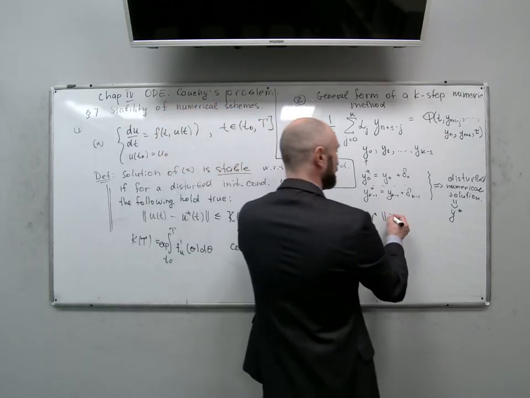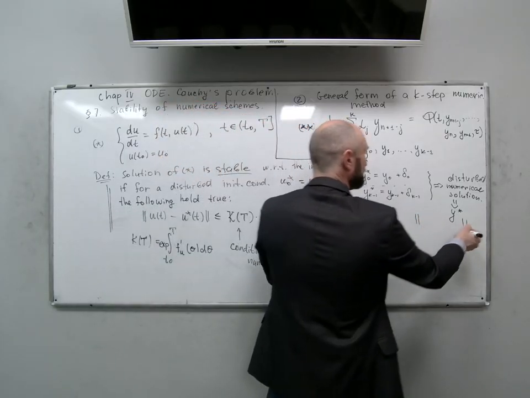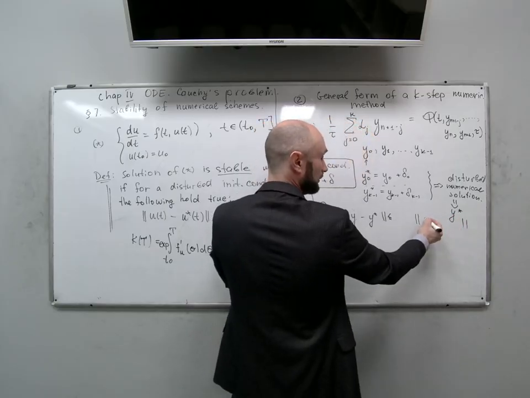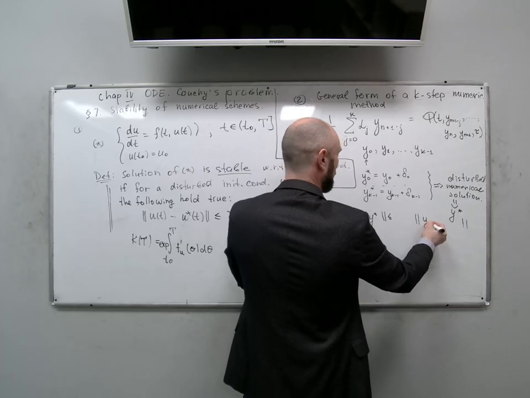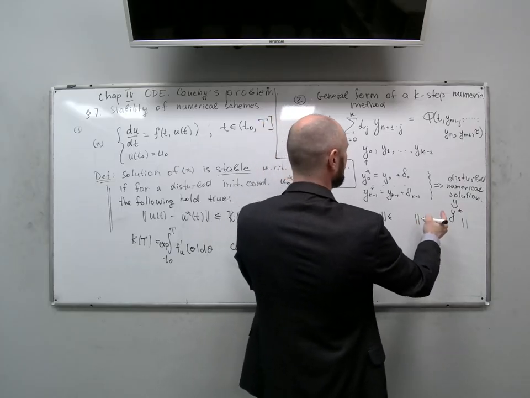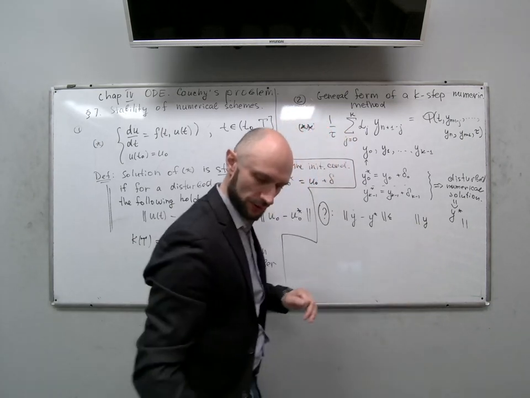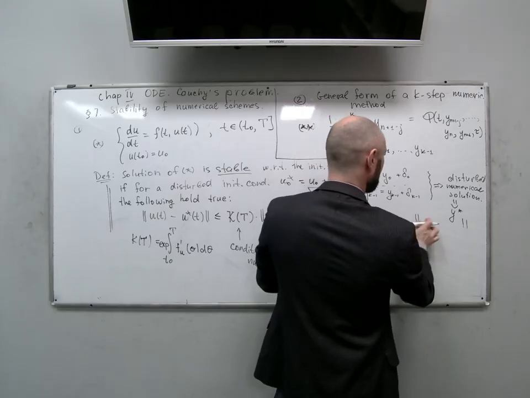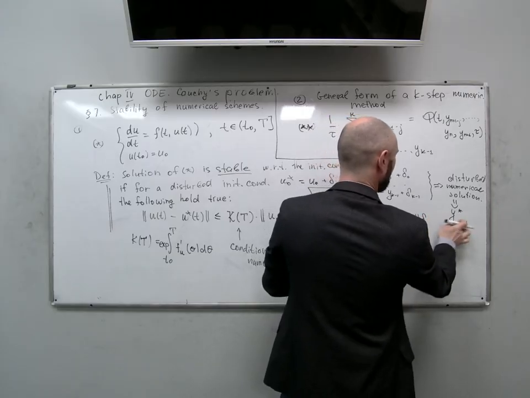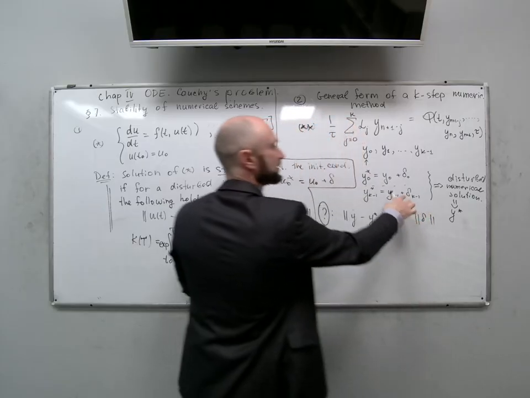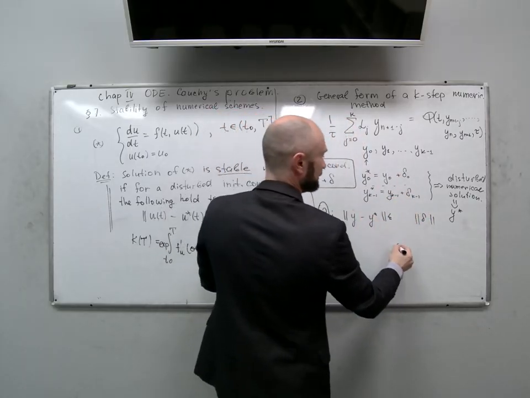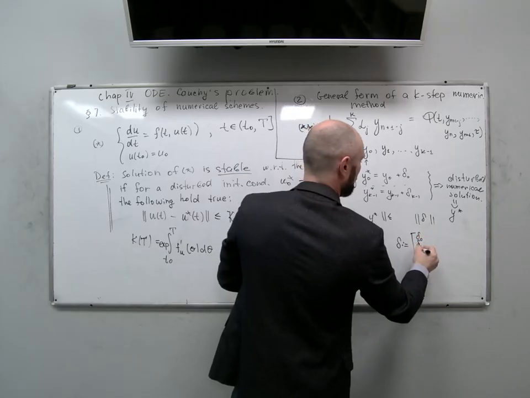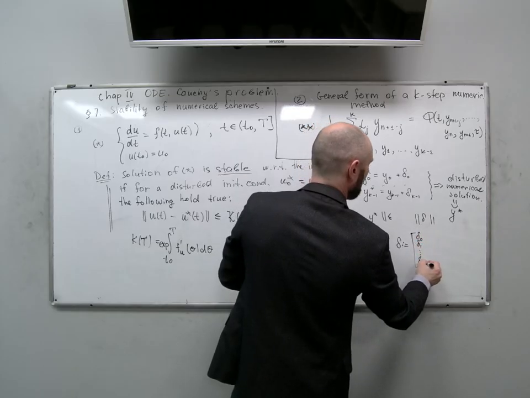At least we want that this norm is bounded by what? By the norm of the initial conditions. How should I denote the initial conditions? By delta, actually. I can just write delta here. Considering delta as a vector, delta is a vector composed of delta 0, delta 1, and so on, delta k minus 1.